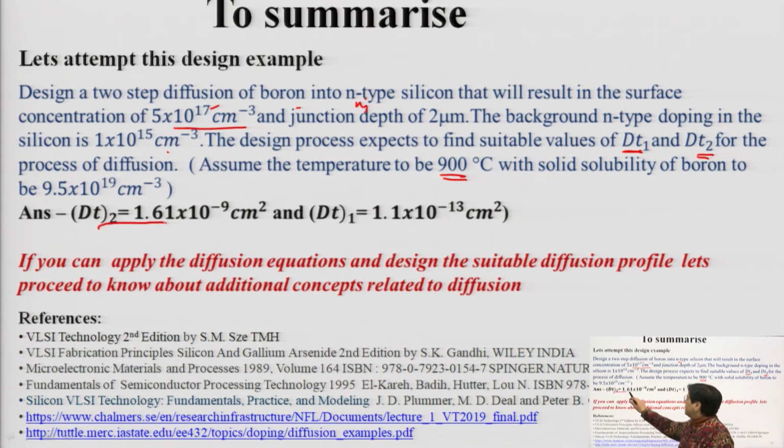The answers are Dt2 comes out to be 1.61 into 10 raised to power minus 9 centimeter square, and Dt1 comes out to be 1.1 into 10 raised to power minus 13. So, just substitute the values and you will be able to calculate those for designing a typical diffusion profile as per your requirement.